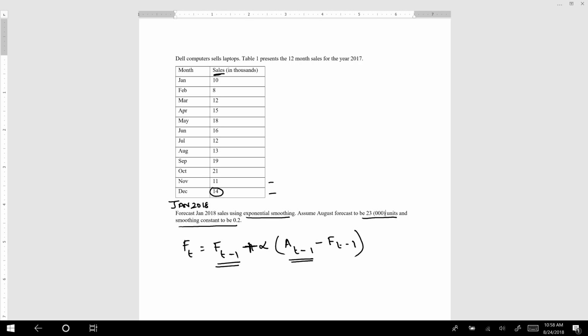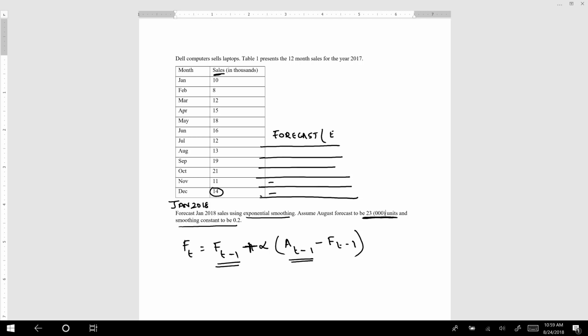So to help us, the question says they wanted us to assume August forecast to be 23,000 units. So if I draw a column here, this is all the forecasts by using exponential smoothing, which I will represent by ES.